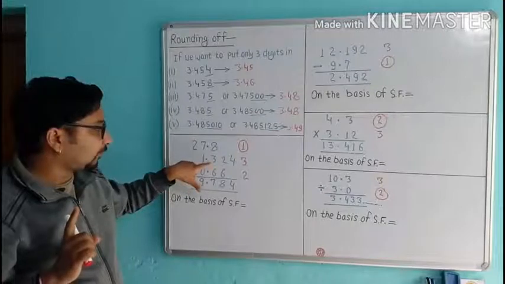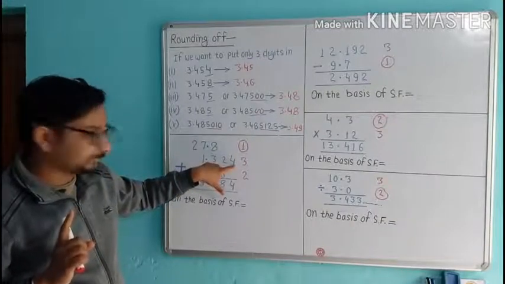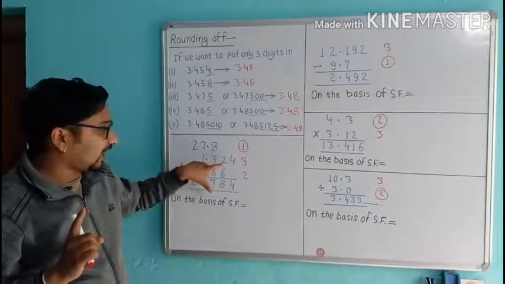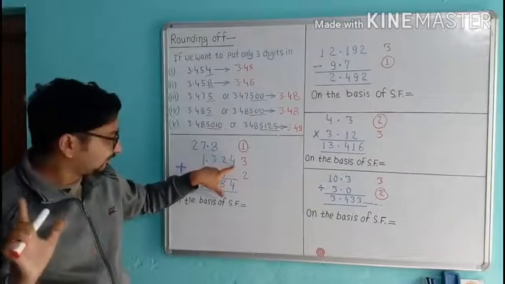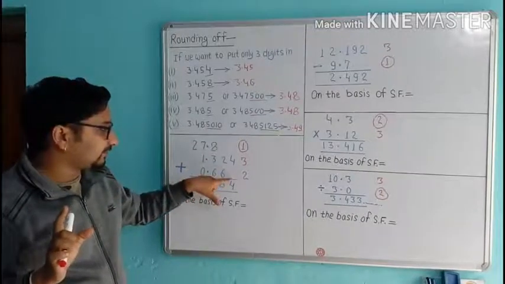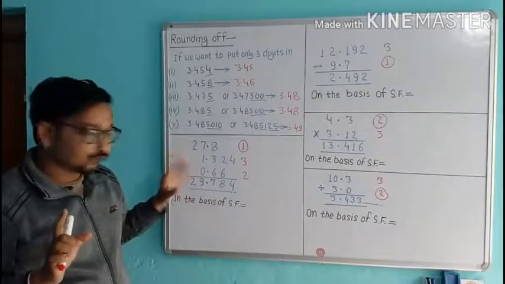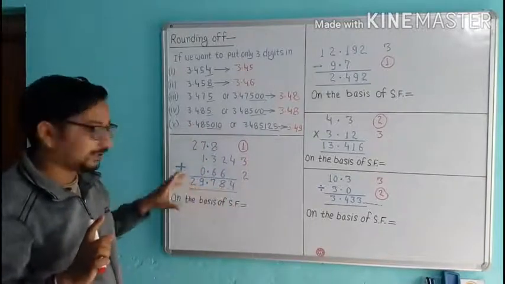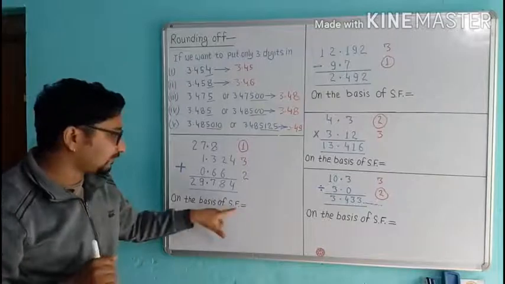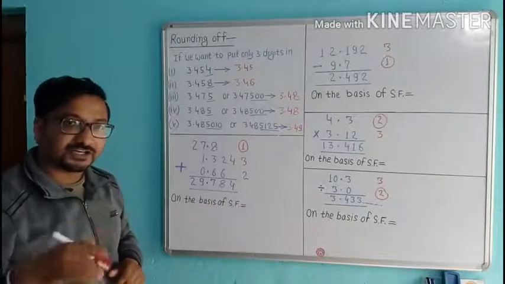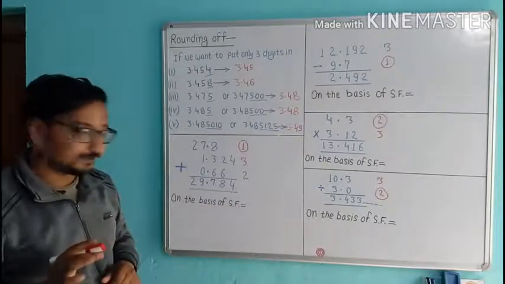Here 1.324. After decimal point, there are 3 significant figures. Here 0.66. There are 2 significant figures after decimal point. So after adding, we get this number. But on the basis of significant figures, we write it in a different way.